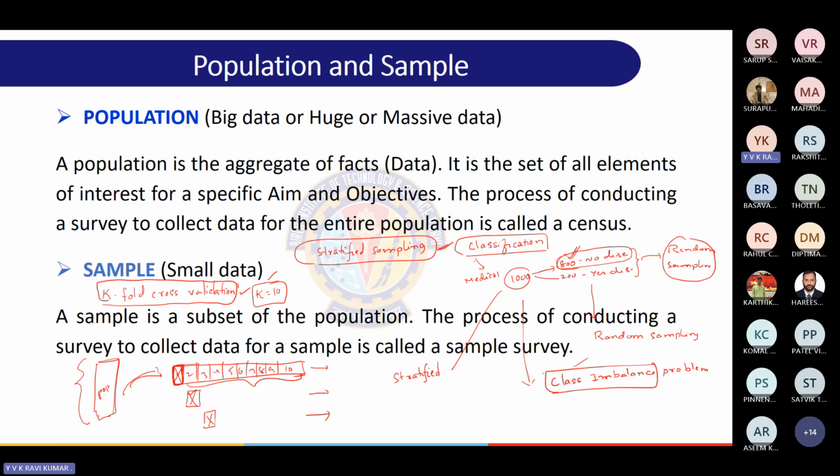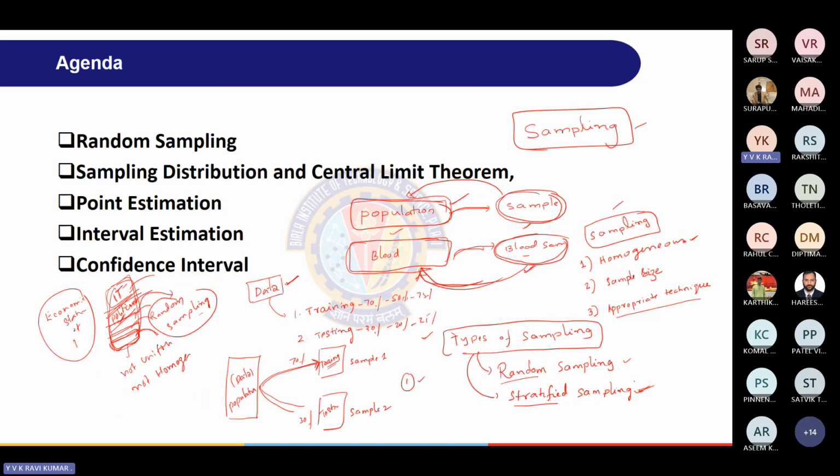Okay, this is the overall understanding. What is sampling? Why do we need sampling? Where do we use sampling when we work with data? One is dividing the data into two parts, training and testing, as part of building algorithms. That is where we use random sampling.